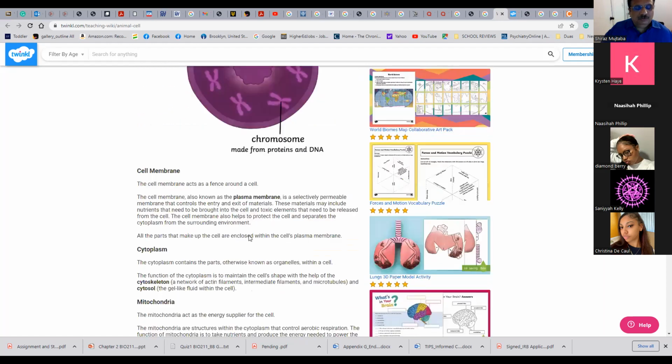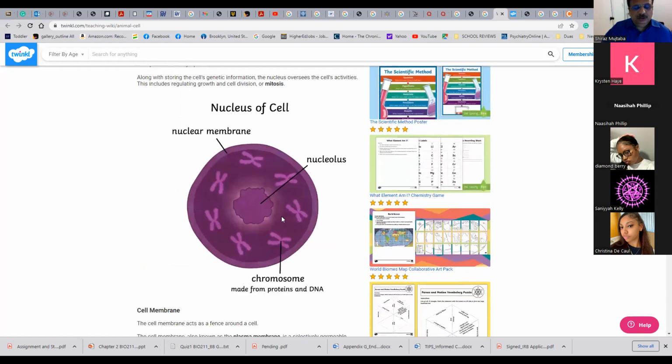So one figure I wanted to show you, the nucleus, right? So the nucleus is present inside the cytoplasm. The nucleus is separated from the cytoplasm through a membrane, a boundary that is called the nuclear membrane. Some books will refer to this as the nuclear envelope also. And within this nuclear envelope, there is also a small spherical organelle called the nucleolus.